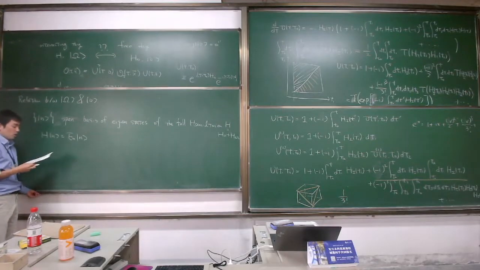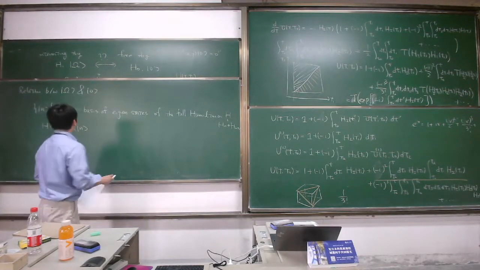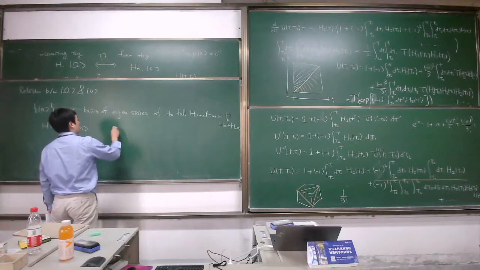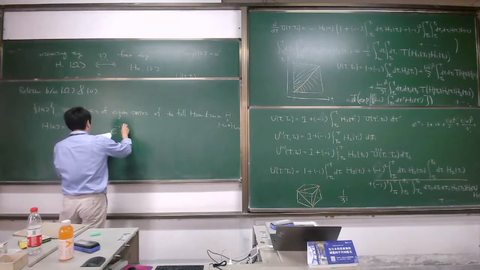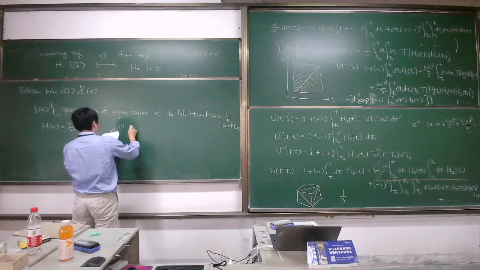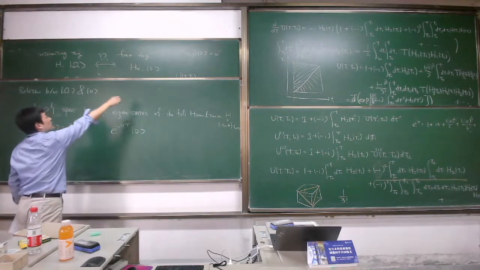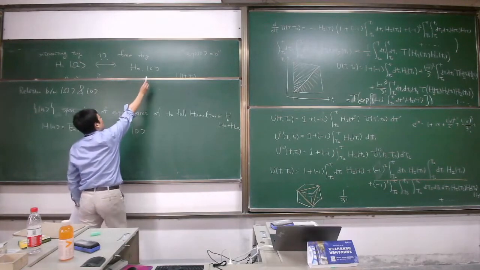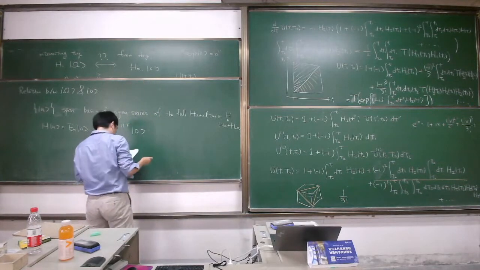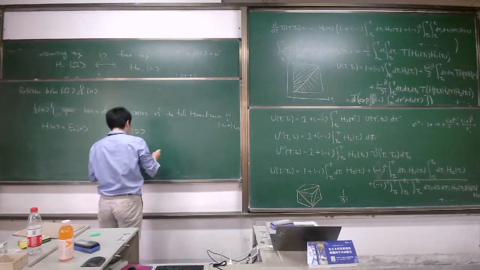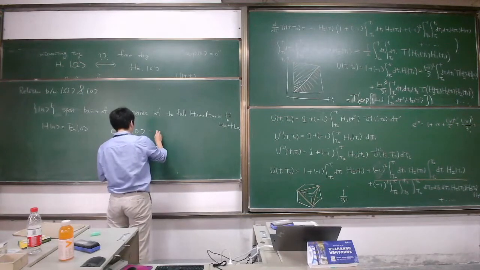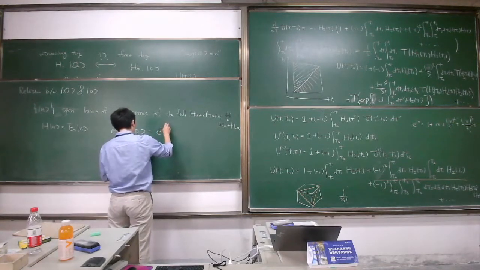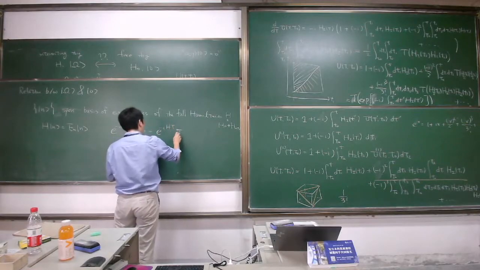So now, of course, we will do the usual stuff, which acts on |0>. So this |0> is the vacuum of the free theory, and we can just write down e to the minus iHT acting on it.